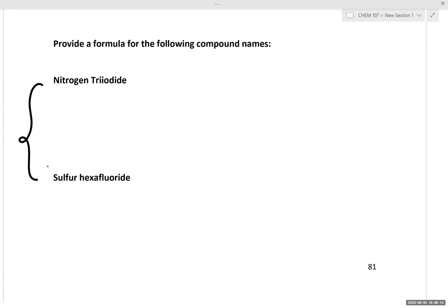And if you have any questions writing the formulas for these binary covalent compounds, please don't be shy to ask any questions in the chat. And let's try to get a few more responses before we discuss in about another minute.